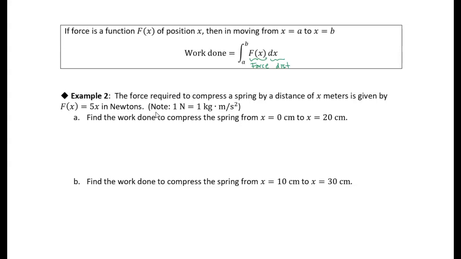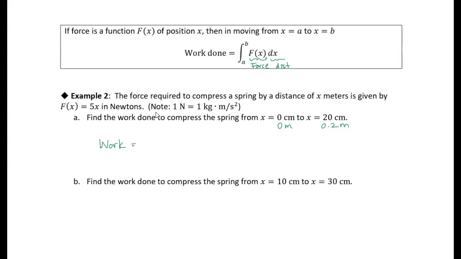So be careful and watch your units. We have to convert these x values. Of course 0 centimeters is 0 meters, and 20 centimeters, we're just going to divide by 100, so we get 0.2 meters.